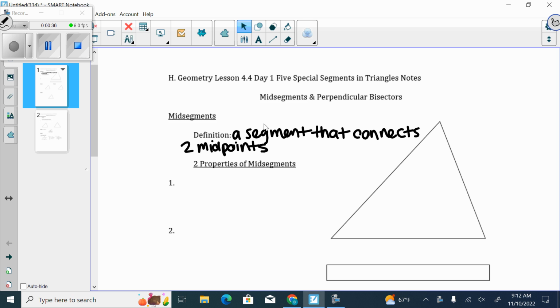So what they're saying is you're going to have two lines. Each of them has a midpoint. The midsegment is going to connect the two midpoints across two lines, okay? There are two properties of midsegments as well.